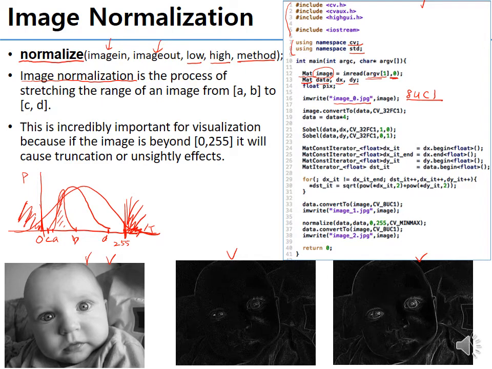Integer is not good for the calculation, so we convert the integer format to 32-bit floating point numbers. Then they multiply data 4 times.